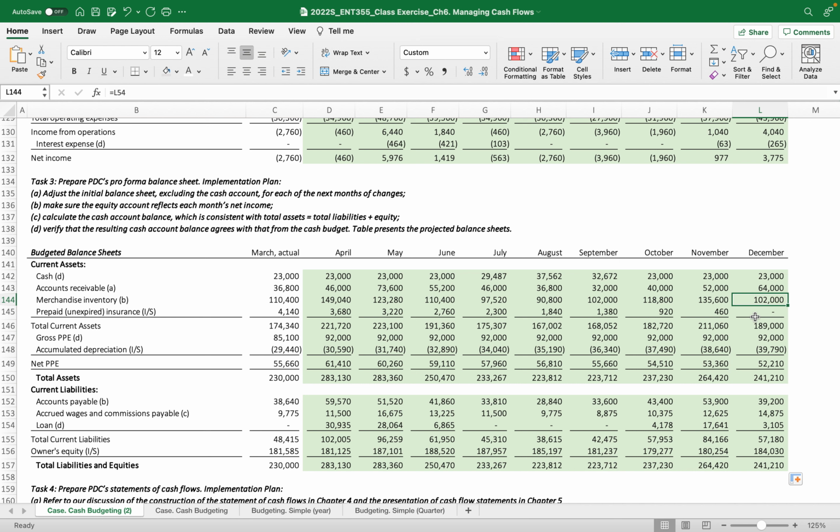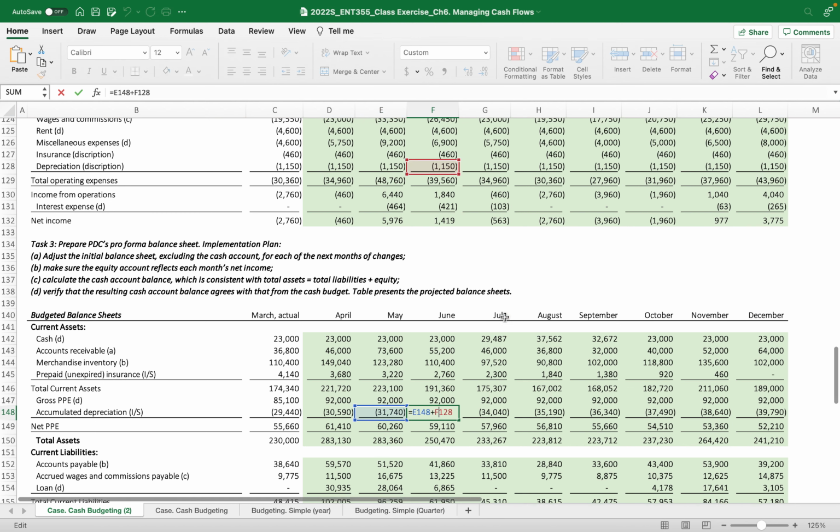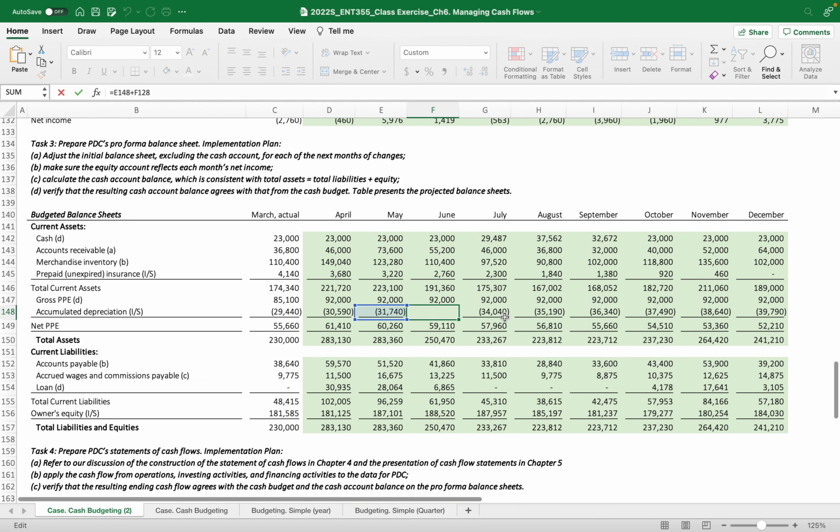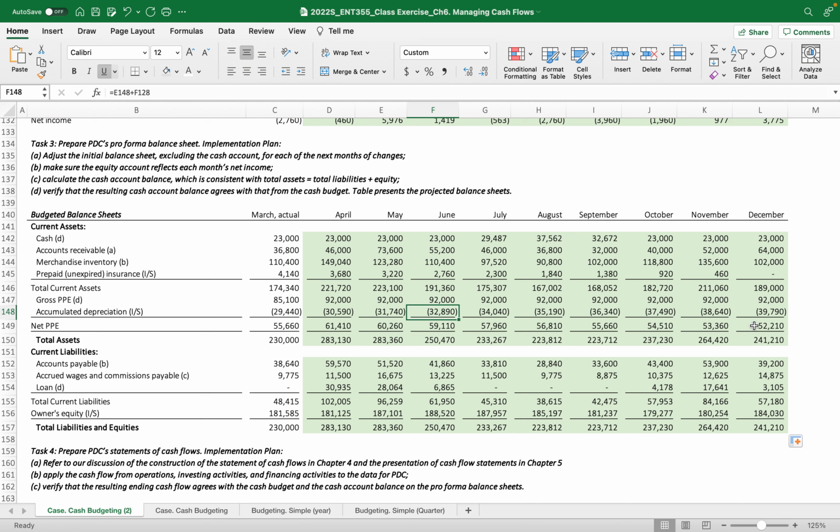Because there's no more prepaid asset, because we paid out and all this insurance covered throughout this year. And then the gross amount doesn't change because the only purchase of property, plant, and equipment occurred on April 1st, right? Accumulated depreciation is increased by 1,150 every month. And then net PP&E, we got it.